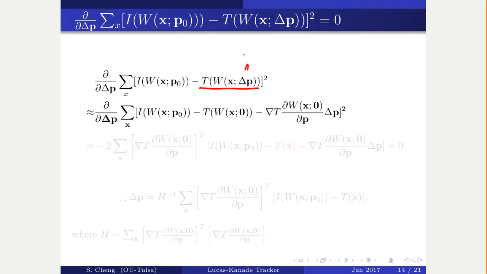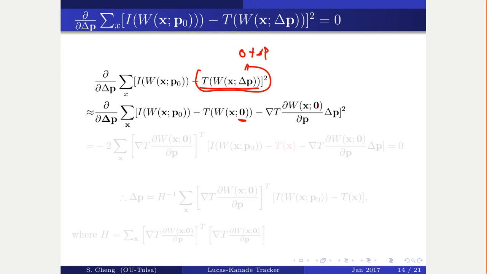Because delta p we can really consider as 0 plus delta p, we can expand this as T(W(x; 0)) plus the Jacobian of T(W) with respect to p multiplied by delta p.